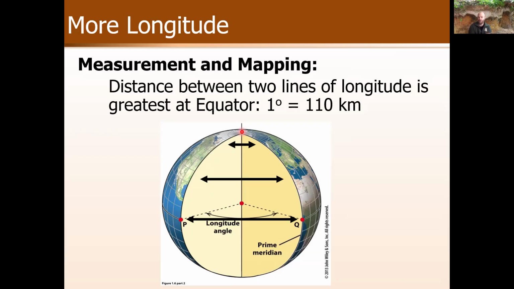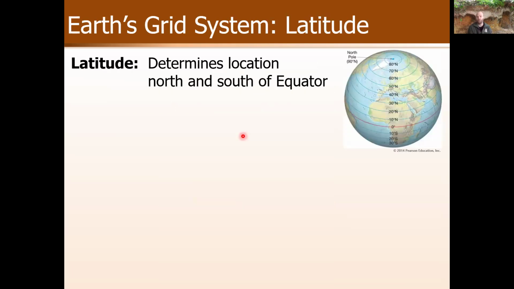And so at that place, actually, there's 0 distance between all of the lines of longitude. And as you can kind of see in this picture here, the distance is greatest at the equator. And as you get closer and closer to the North Pole, that distance between those same two lines of longitude, like 0 and 1 west, is getting smaller and smaller and smaller until they actually all just interconnect at each of the poles.